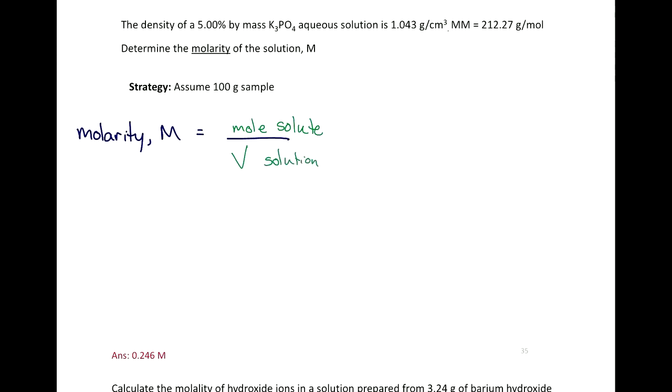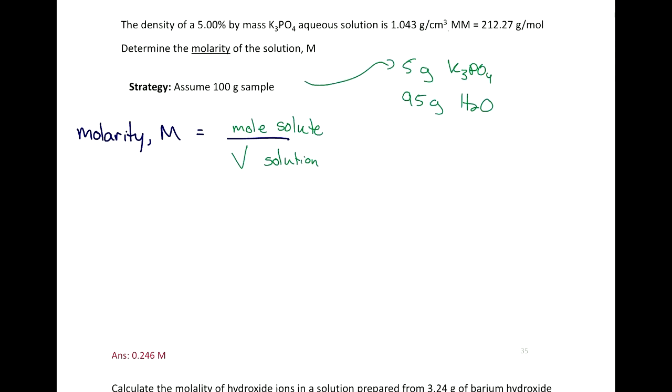Yes, solution. All right, so we're going to do the same exact thing where we assume we have 100 grams of solution. So there's 5 grams of the salt, K3PO4, present, and 95 grams of water, right?